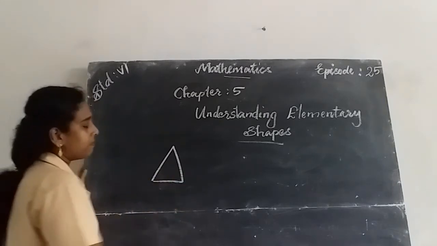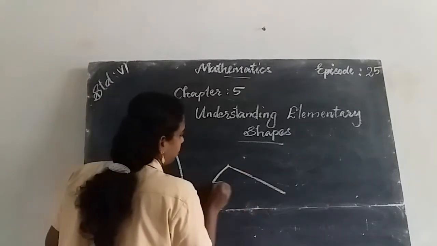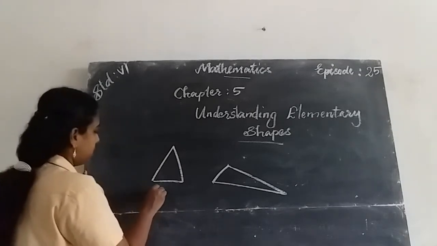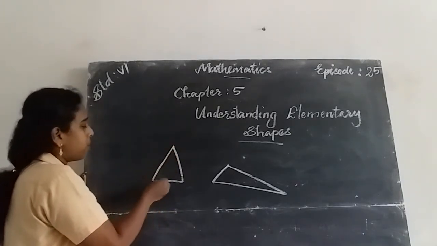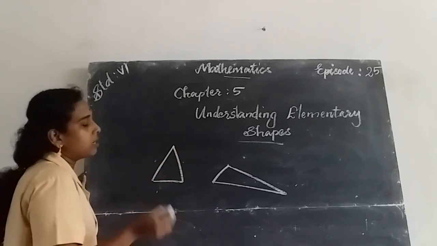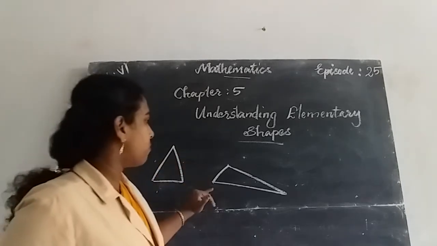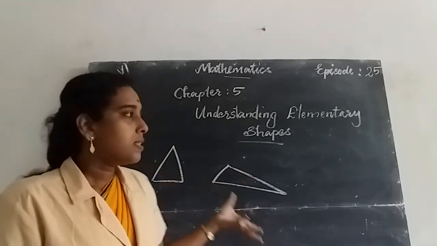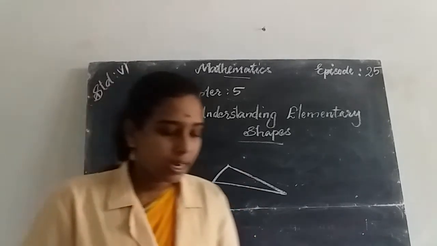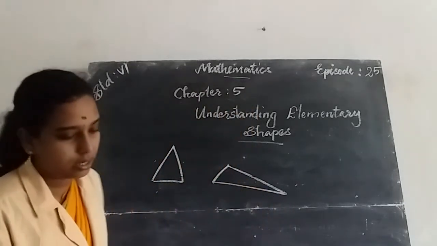And we can see that triangles are of different types. Some triangles have three sides equal, some have two sides equal, and other types of triangles have three different sides. So we are going to study about triangles and their types.